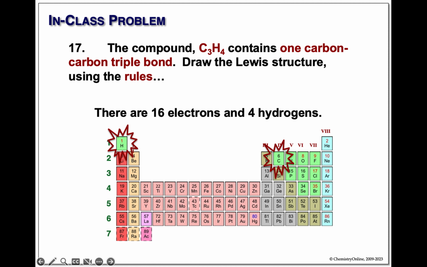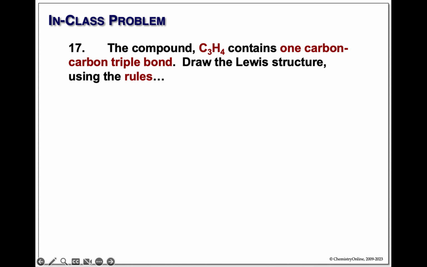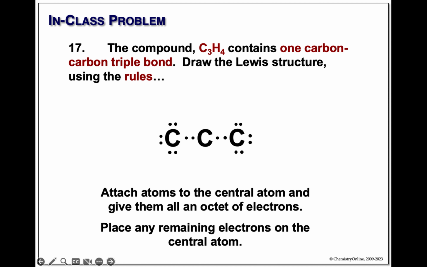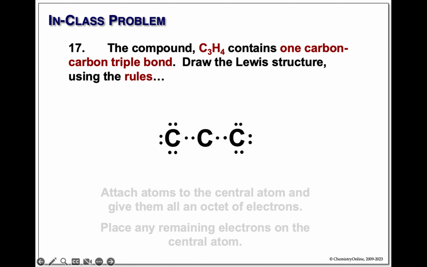Second rule, define a central atom, put the other guys on it, and give them 8 electrons. Central atom, 8 electrons. Now, place any remaining electrons on the central atom, well, we're out. That's all 16.